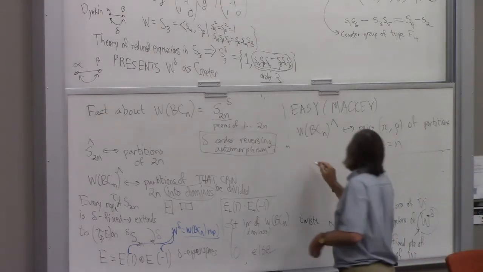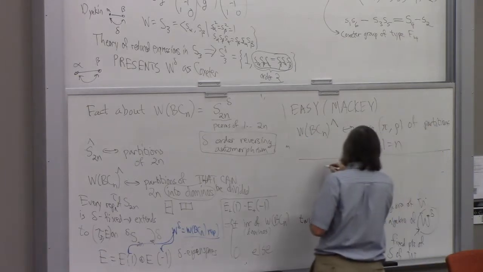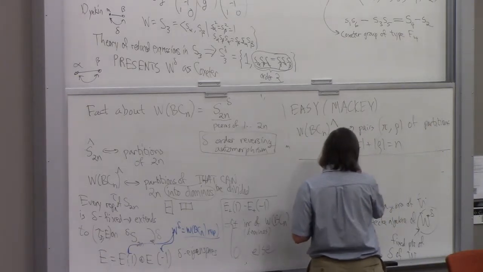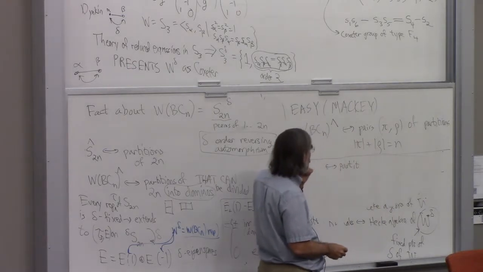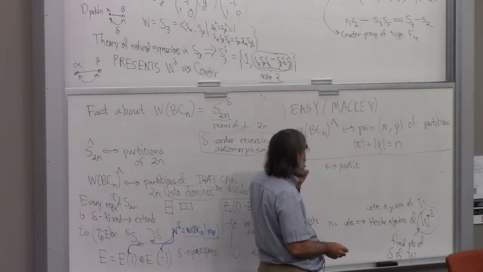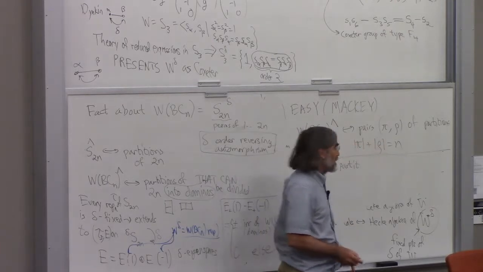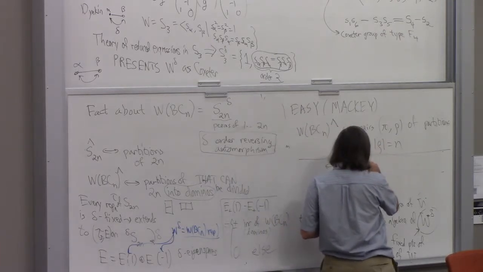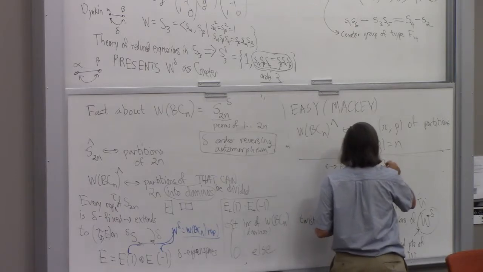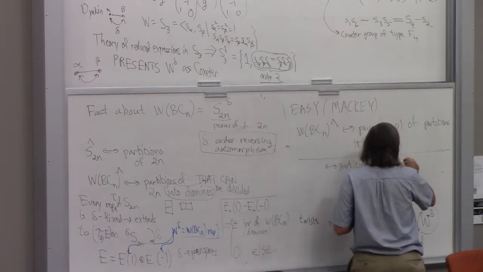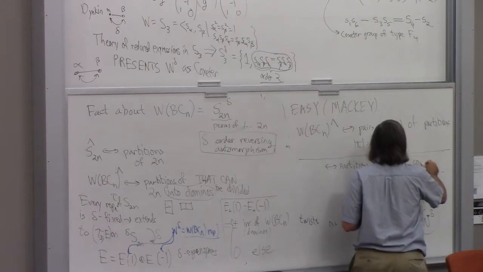And the claim is that this corresponds to partitions of 2n that can be tiled by dominoes.